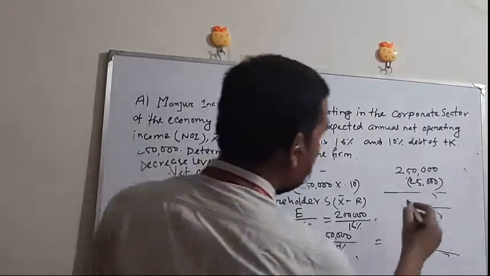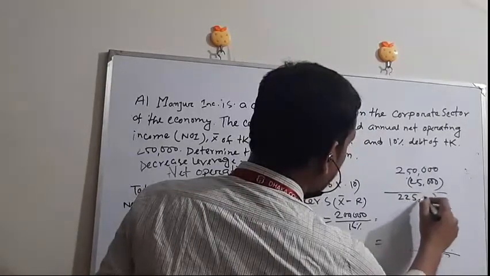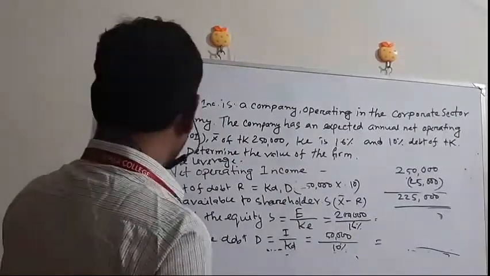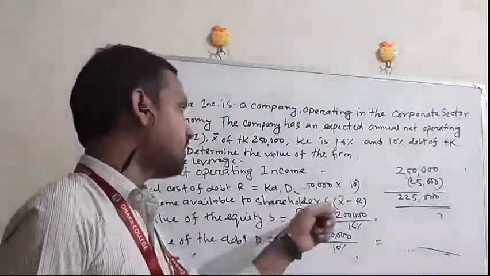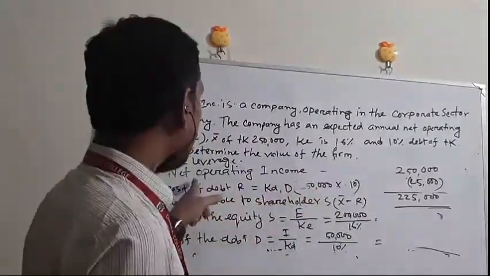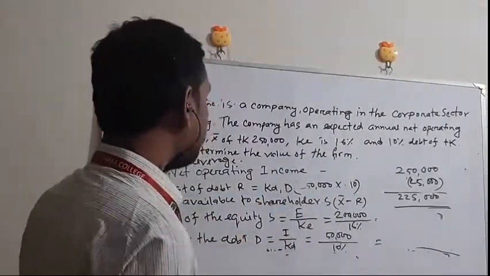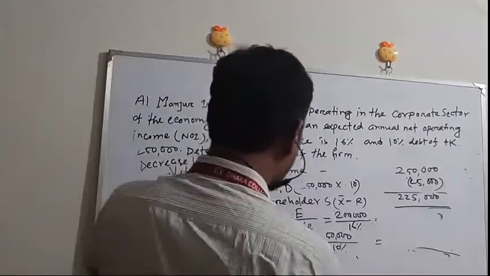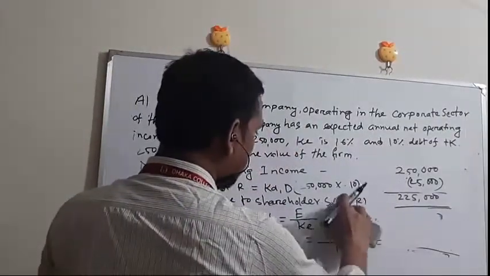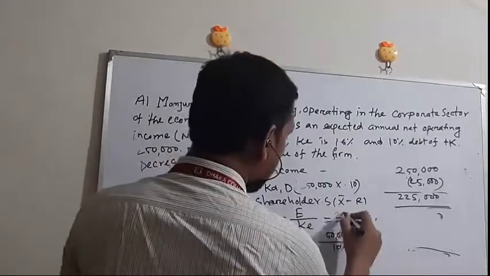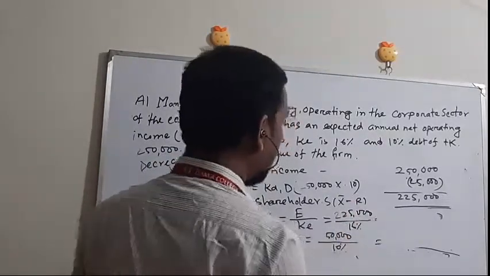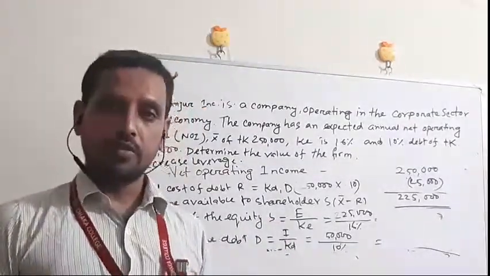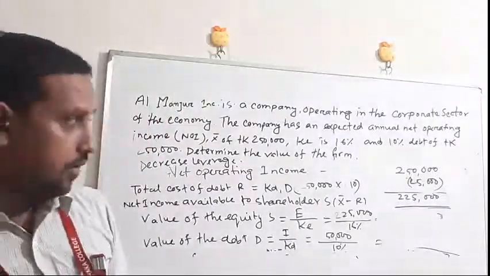Okay, so 2,25,000 taka. It is called net income available to shareholders, net operating income X bar minus R. Then equity income is 2,25,000 taka, then 16% equity capitalization rate. So we can solve it.